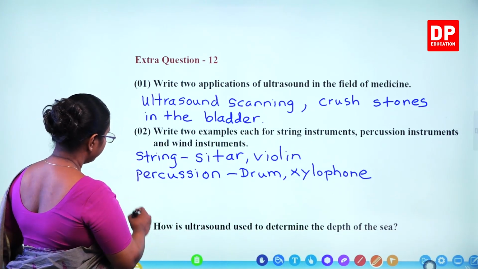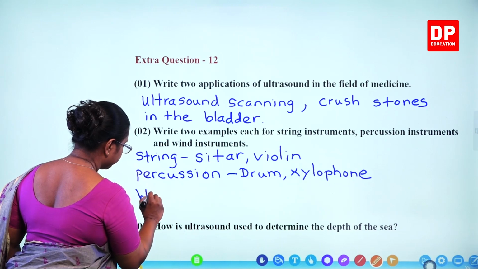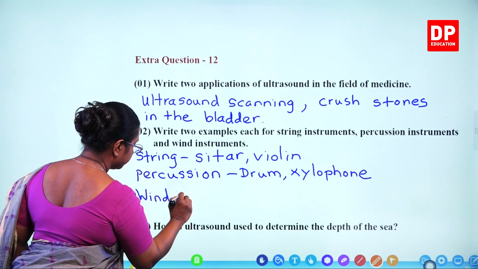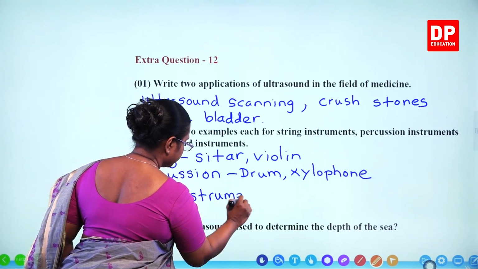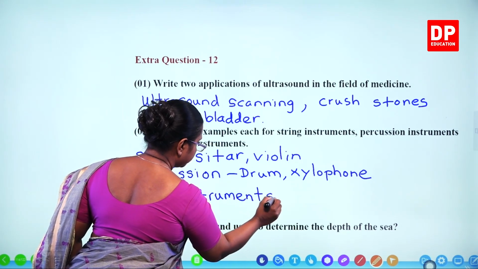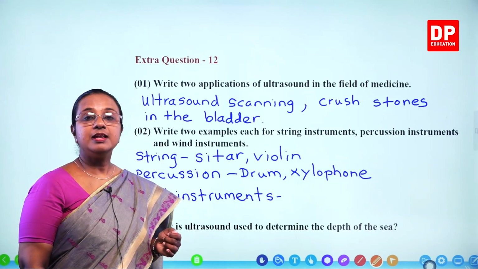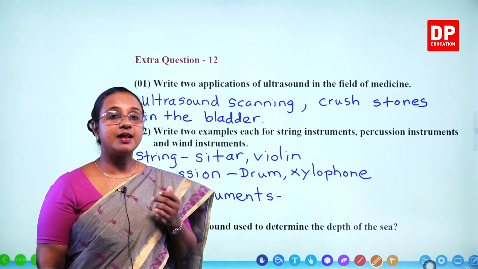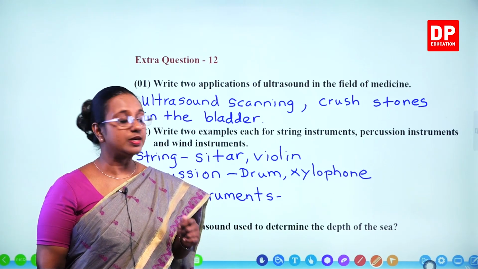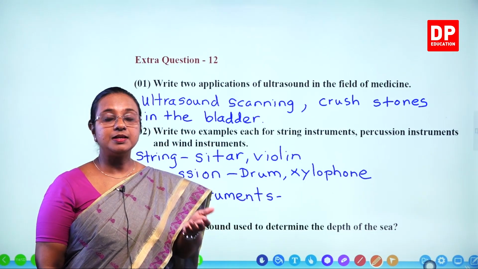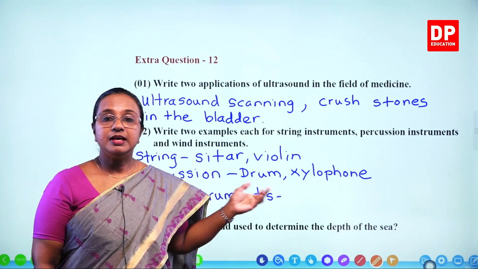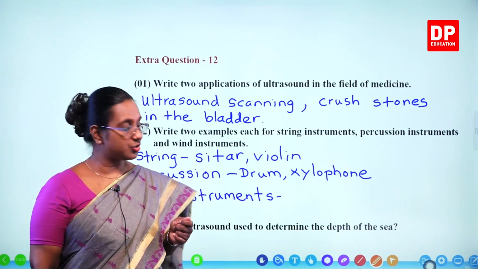And also wind instruments. Again, there are many different wind instruments. You can write the flute, clarinet, trumpet, recorder, any 2 of the instruments.